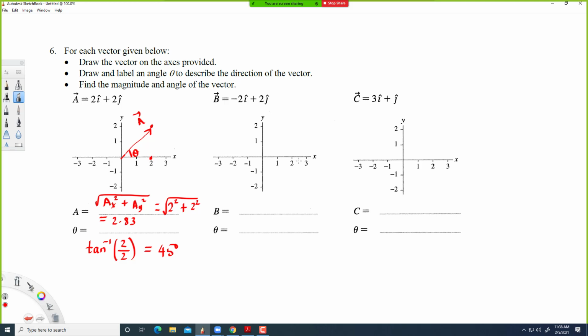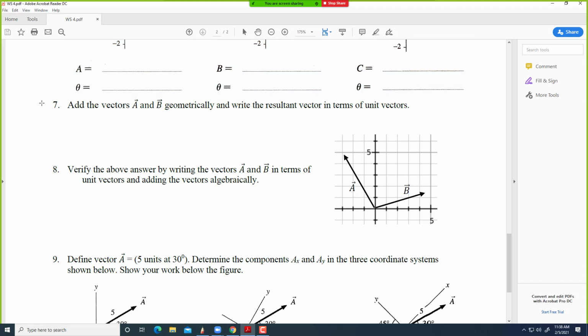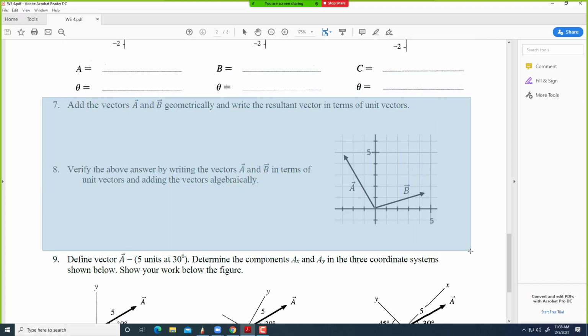So let's look at number 7. So for number 7, you are given the graphical picture. Number 7 and 8 are based on the given graph.